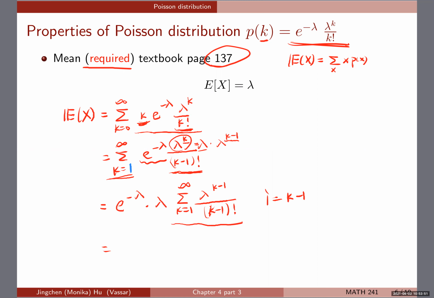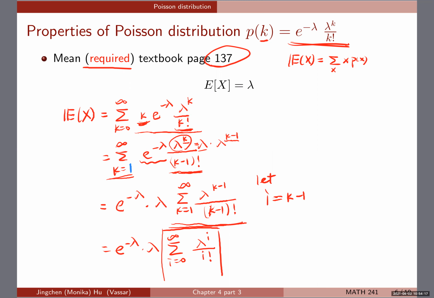So I still have my e to the negative lambda times lambda. And if I let i equal k minus 1, the whole summation now becomes, I'm just shifting a term, i from 0 to infinity, and then I have lambda to the power of i over i factorial.